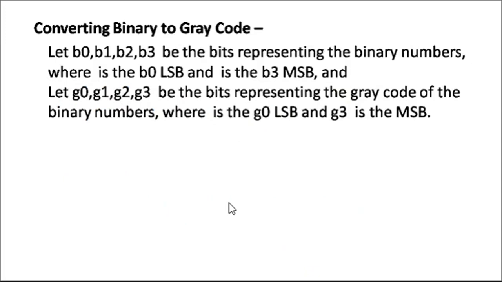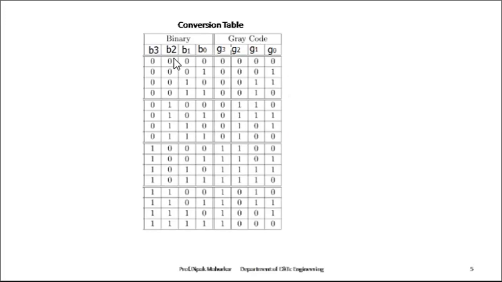So, converting binary to gray code. LSB and MSB are written as B0, B1, B2, B3, the representation of the binary number, and G0, G1, G2, G3 is the representation of the gray code. So this is the table: B3, B2, B1, B0.